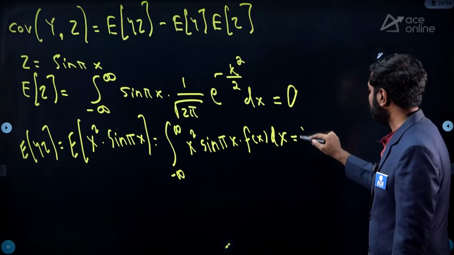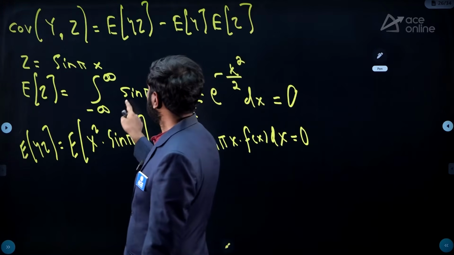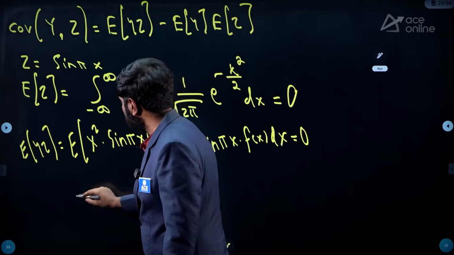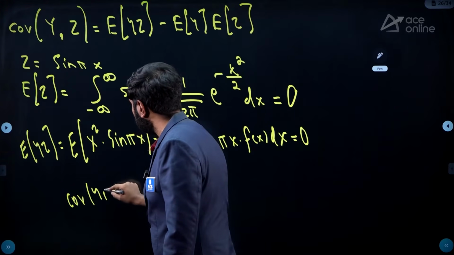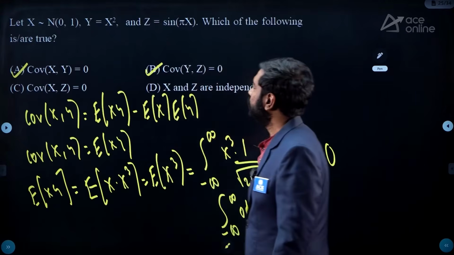Again, integrating an odd function will give you 0. So expected value of YZ is 0. This is 0, this is 0, which means covariance of Y comma Z is 0. So this is also true.